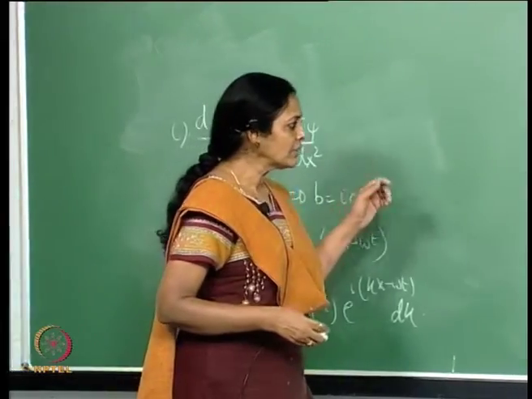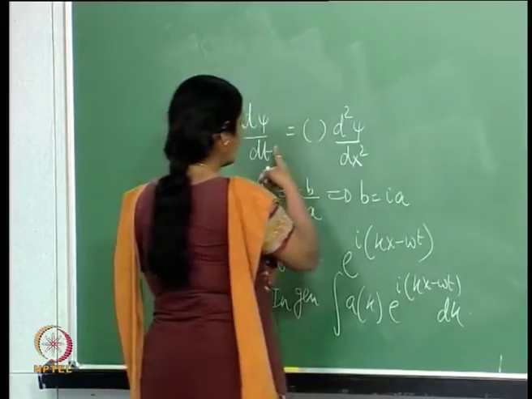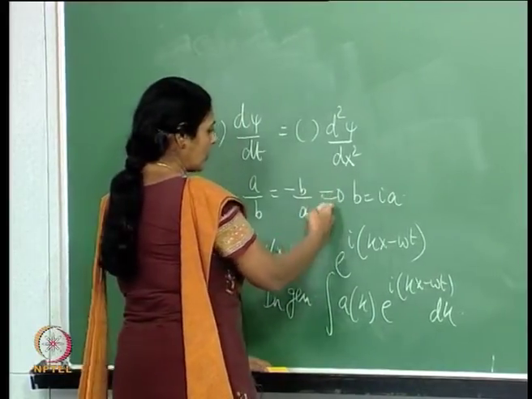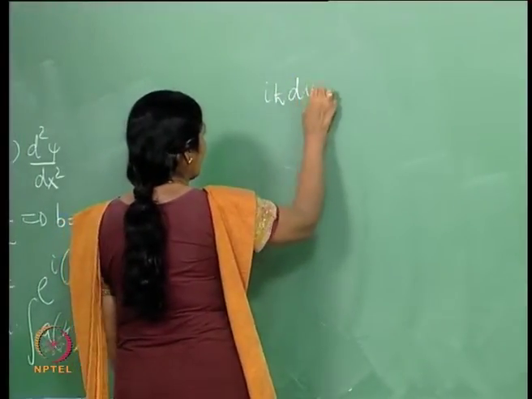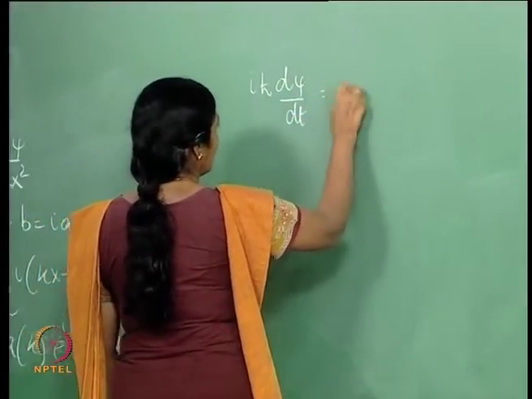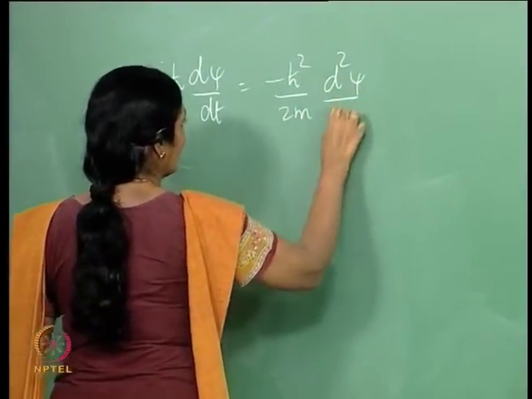That is because the Schrodinger equation is a linear equation. The equation itself, which I have not written down, if you put in these values, you will get iħ dψ/dt is minus ħ²/2m d²ψ/dx².